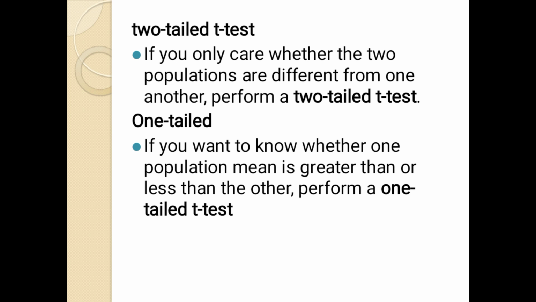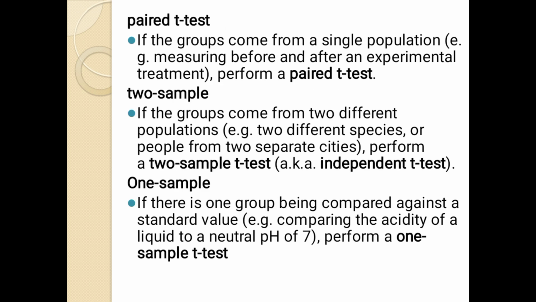If one is greater than or less than the other, in such cases we go for the one-tailed t-test. So these are the different kinds of t-tests that are used in the statistical analysis of data.